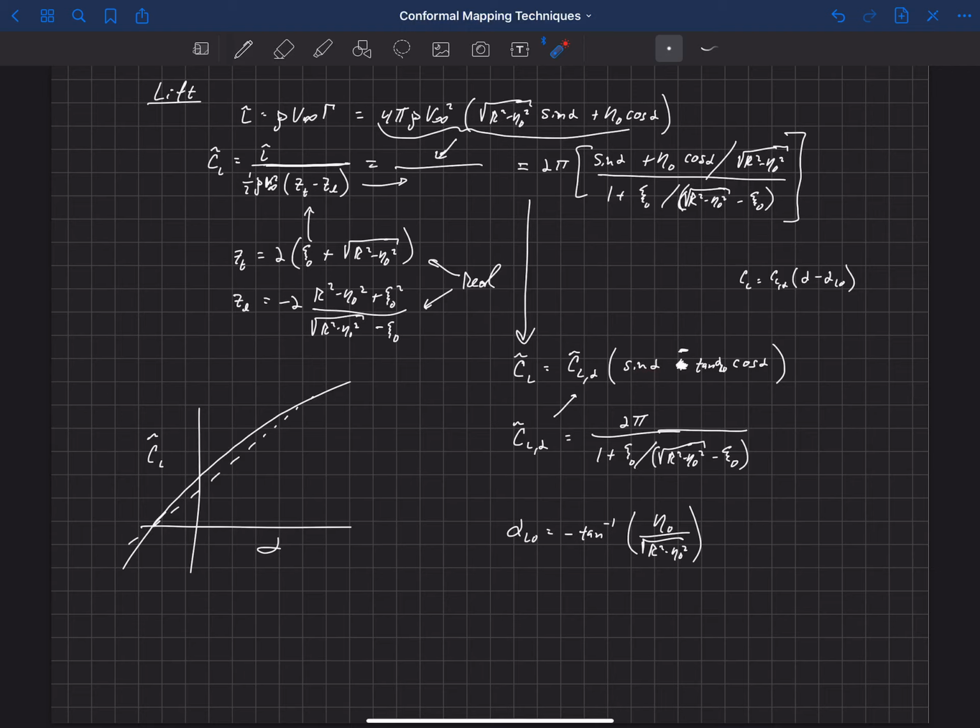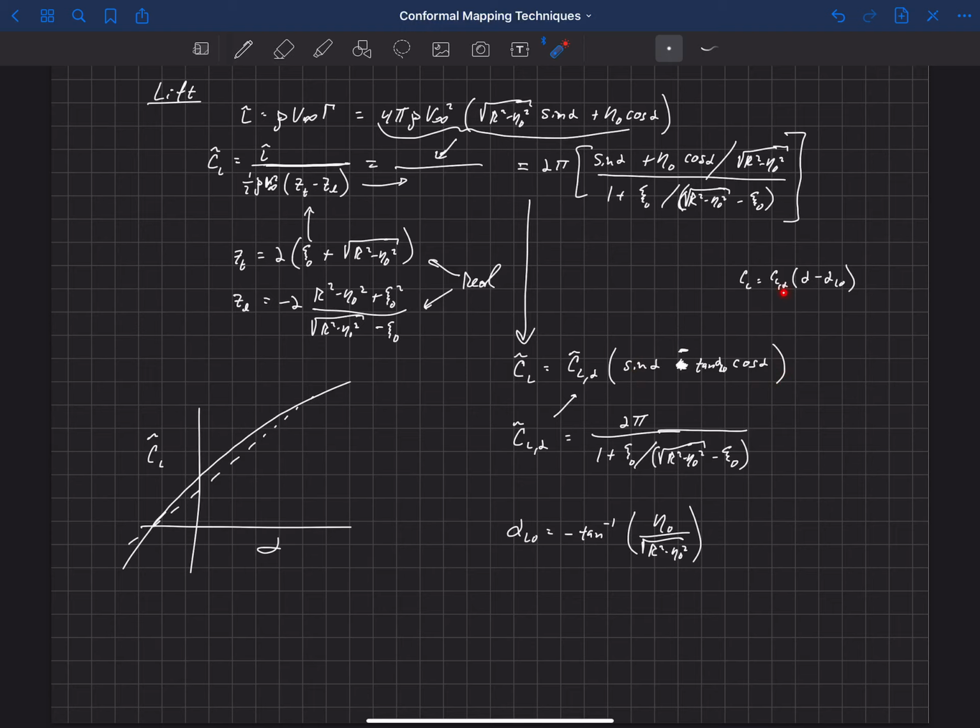If we were to do the small angle approximation, we'd get an alpha in this term and a 1 here, and then a small angle in alpha L0. Then what we would end up with is this expression up here, which is just a small angle approximation of this expression here.